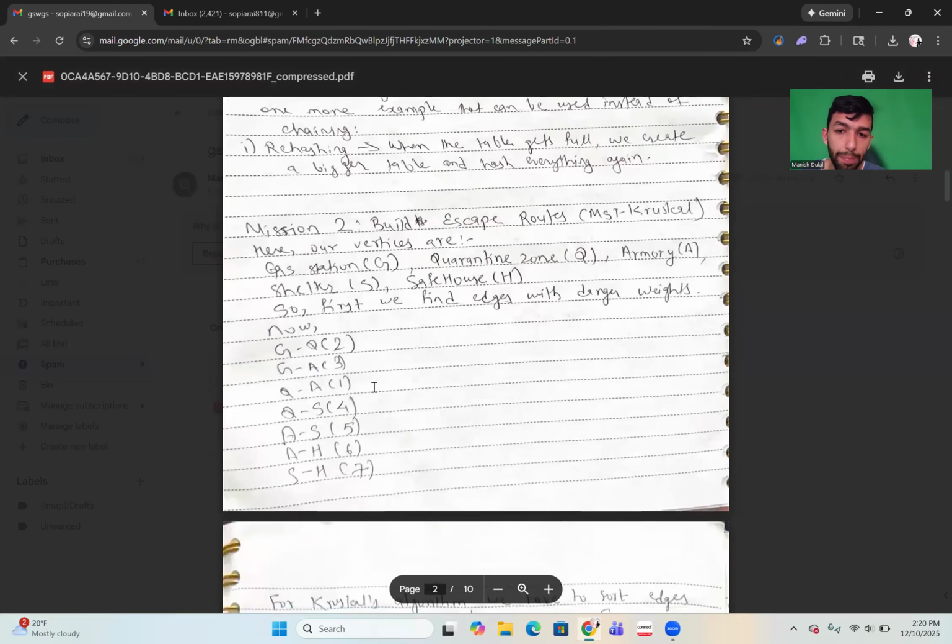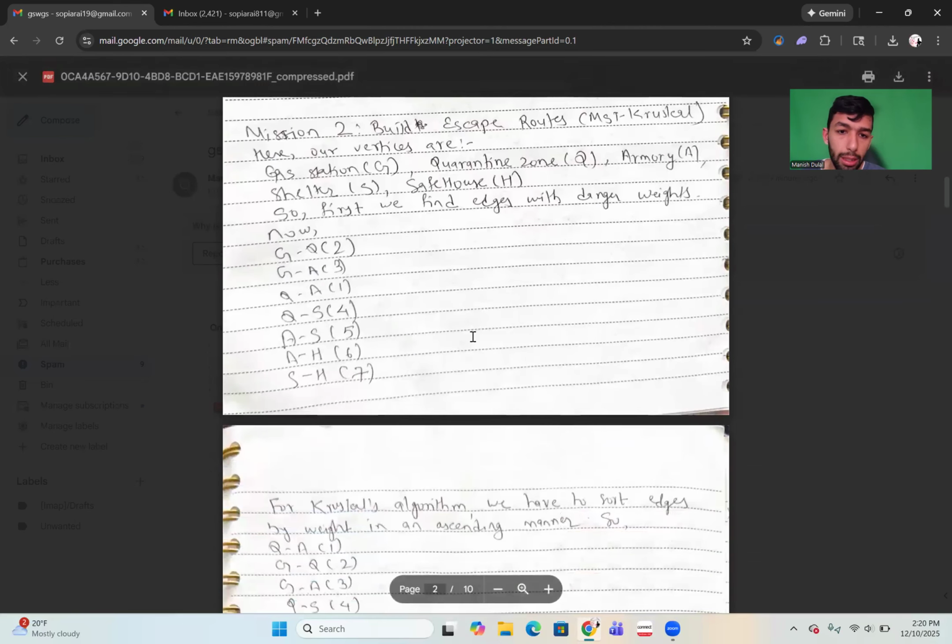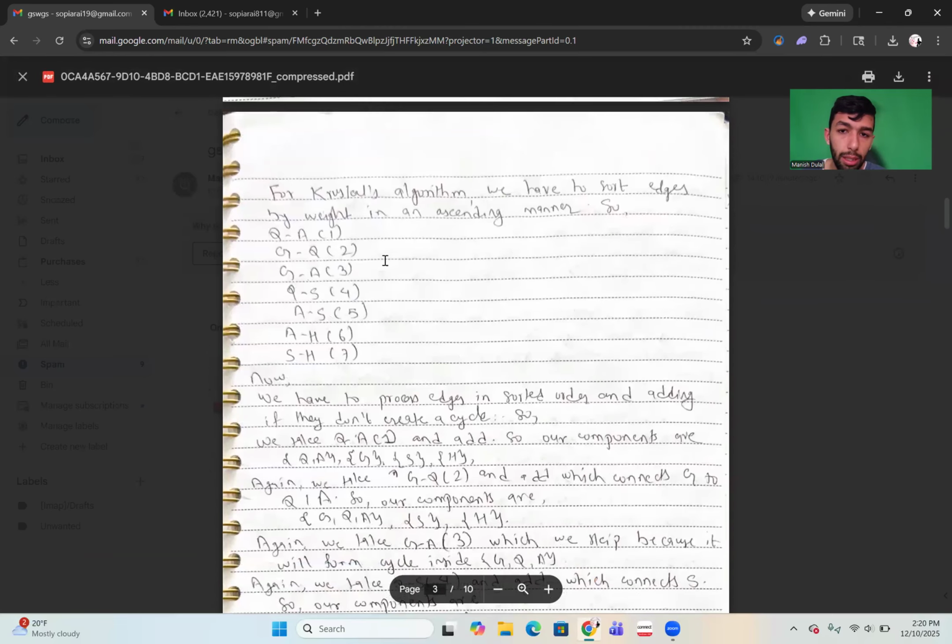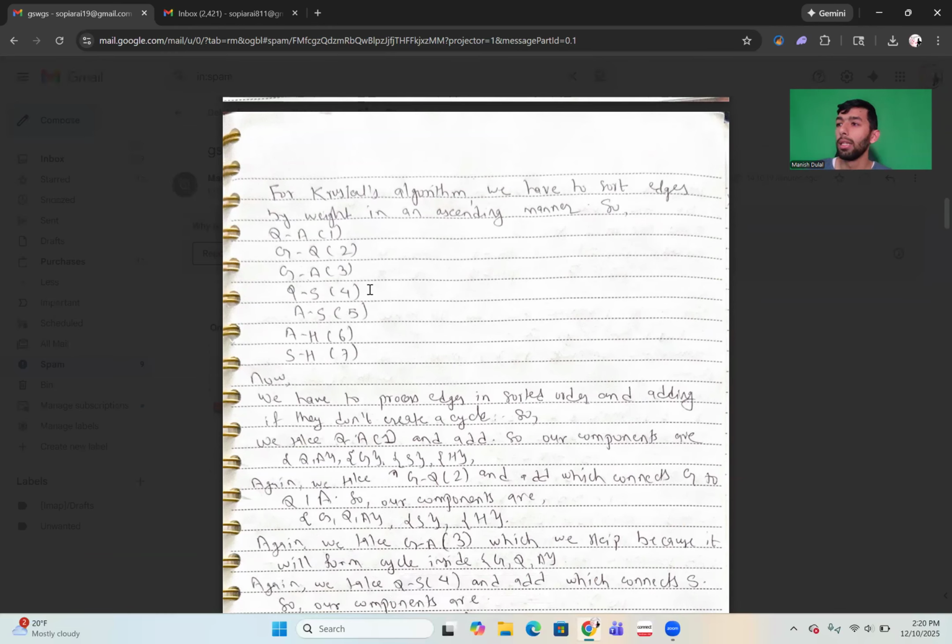These are just the danger levels. We have to sort edges by weight in an ascending manner, so that would be this. Once we do that, each road is added into the spanning tree, and this is for the routes selected in order.